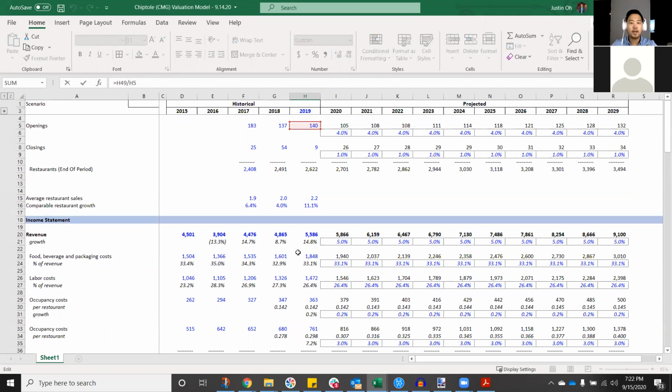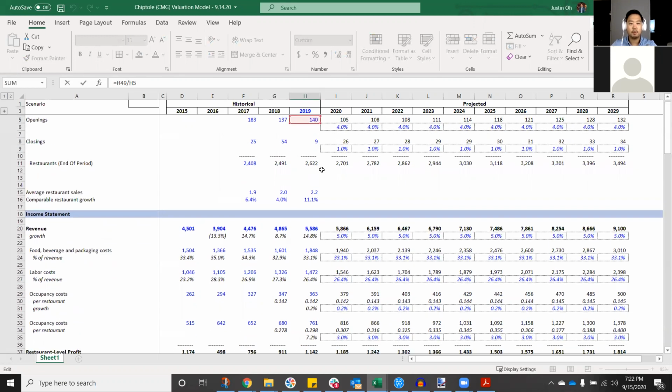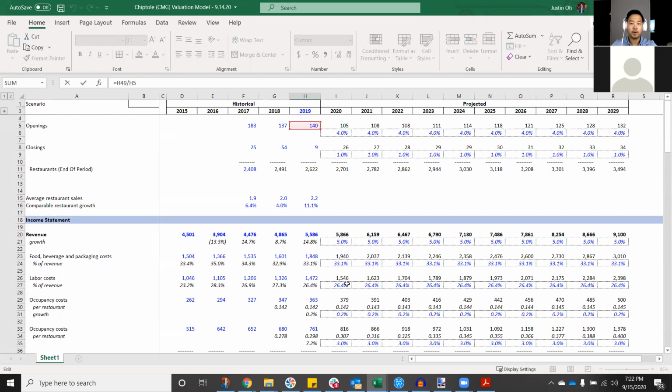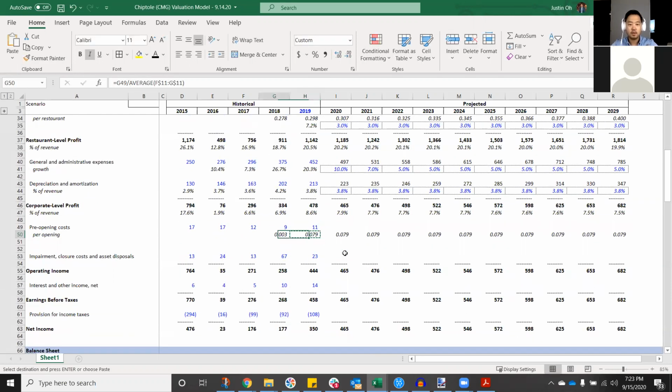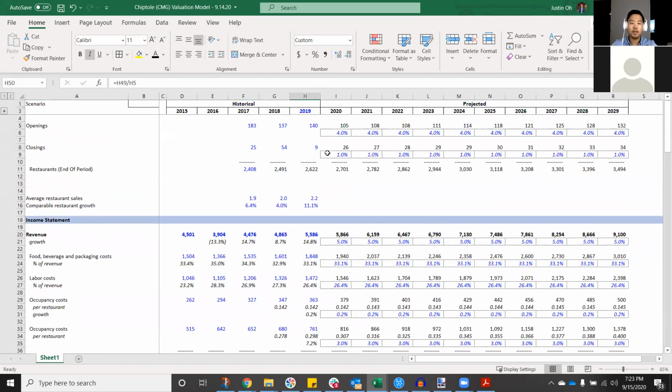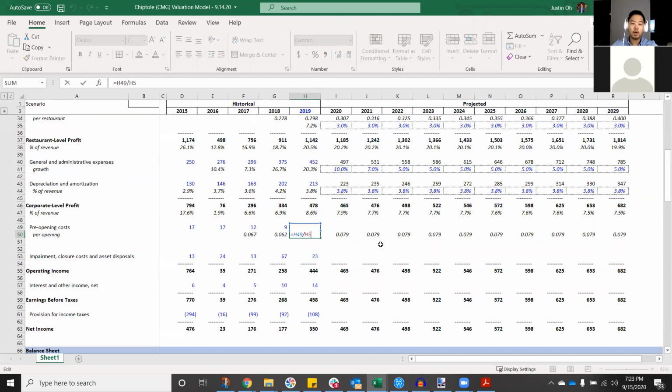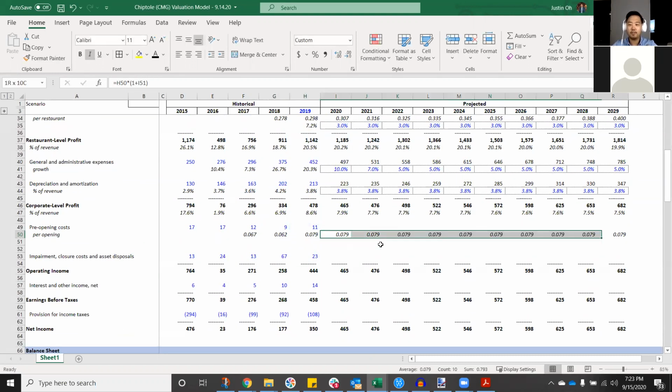I'm not going to do the average thing because I'm just going to assume that 140 were opened, pre-opened and trained. So it costs like 60 to 80,000 per Chipotle you open. You have to do all these pre-opening costs to get it ready for opening.